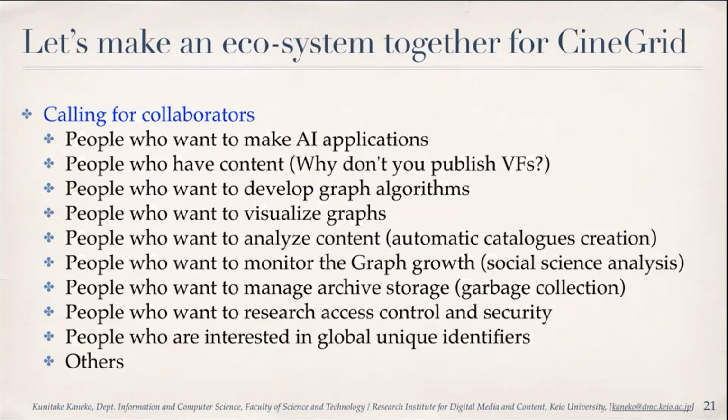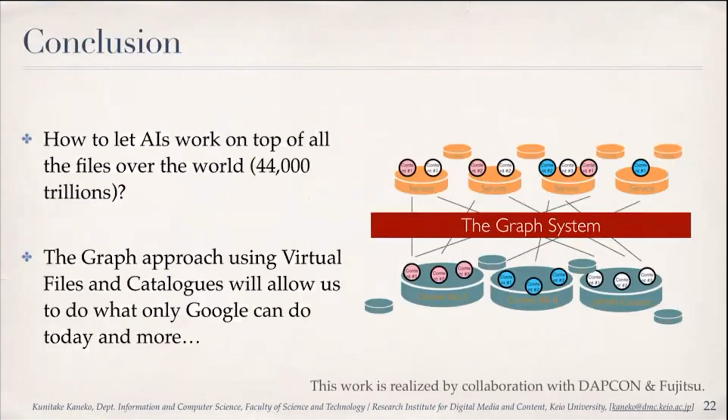Managing the archive storage, access control, and security is very important because this is an information network. Many global unique identifiers are proposed right now for data, but which one is better? Anything else is fine. So that is an ecosystem.